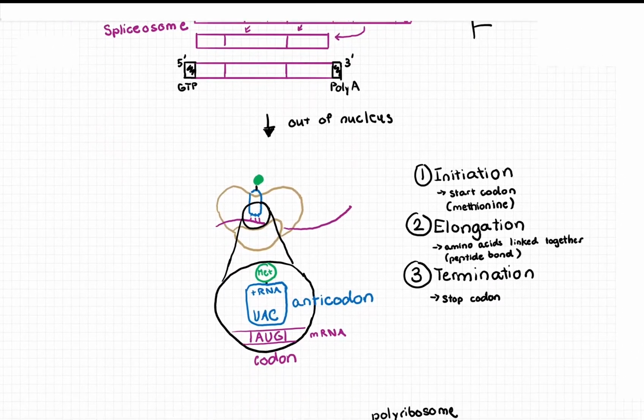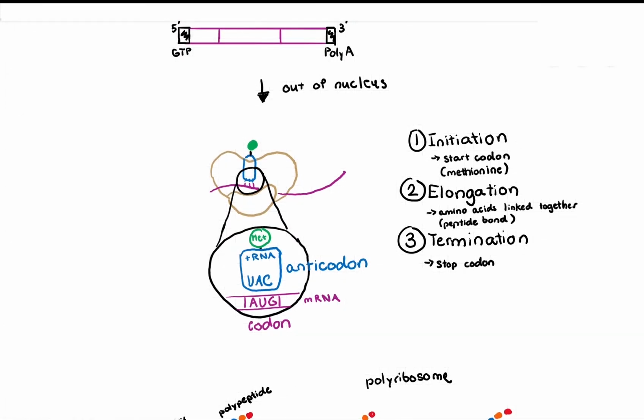As it's moving out of the nucleus, it meets a ribosome. So we have a ribosome right here, and there's a lot of parts in this ribosome. As we talked about in our lesson on the endoplasmic reticulum, the nucleus, and ribosomes, our ribosome has two parts, and it's actually made up of RNA. This RNA is made in the nucleolus, and if you want to review that, make sure to check that video.